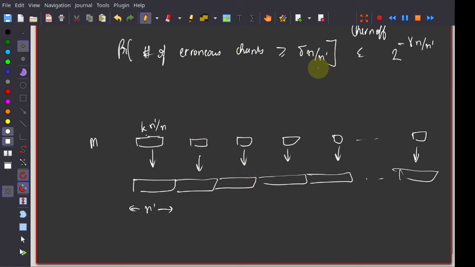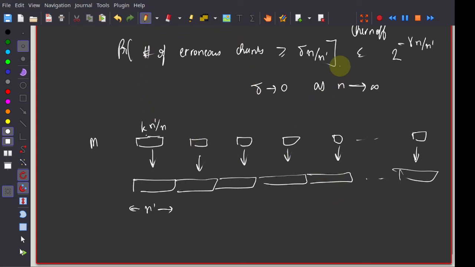The number of erroneous chunks is going to be at most delta times n by n, where this delta is very small, approaching zero as n tends to infinity. Agree with me so far? So the protocol is clear, right? This was the protocol that we had.